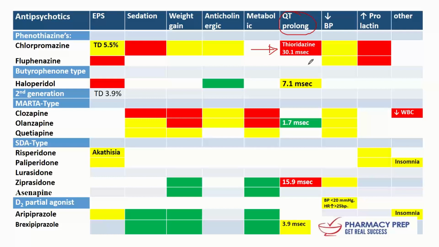However, on top of the 400 milliseconds, this drug adds about 30 milliseconds of QT interval prolongation, as thioridazine is known to do. So that is considered a very high QT interval prolongation. That's the reason these drugs are withdrawn from the market.